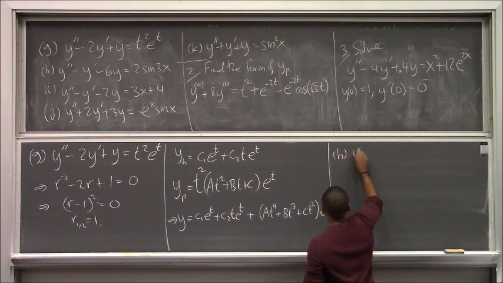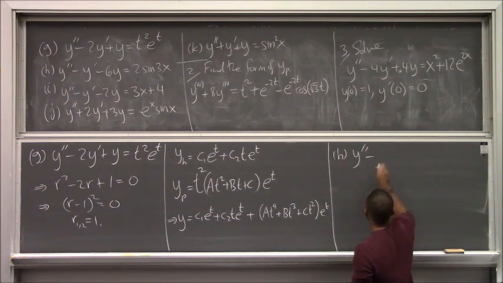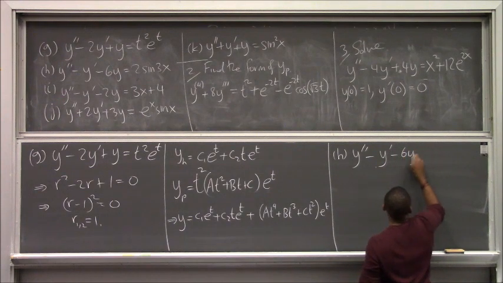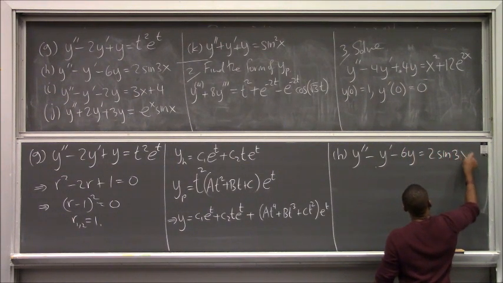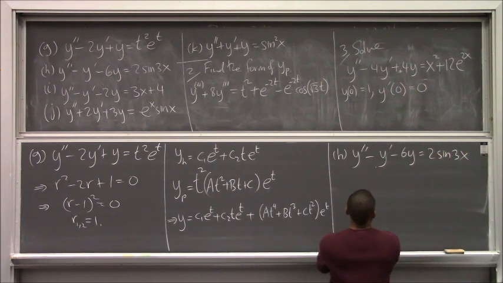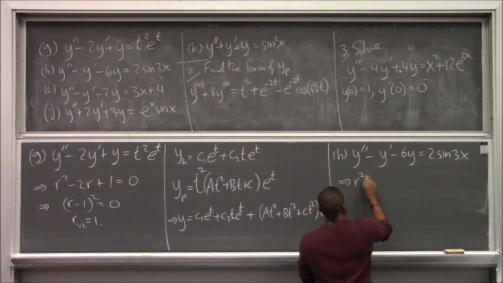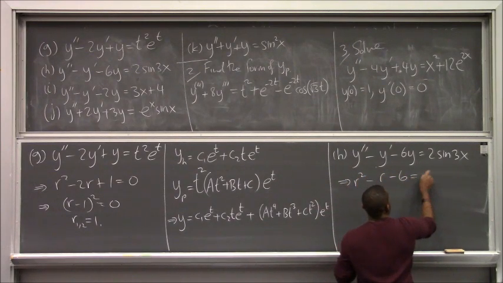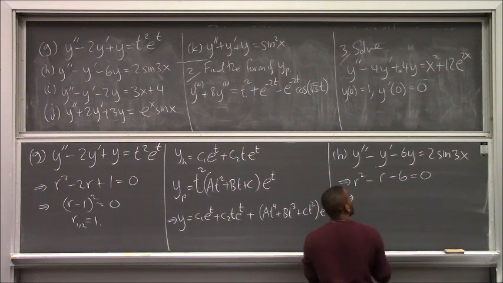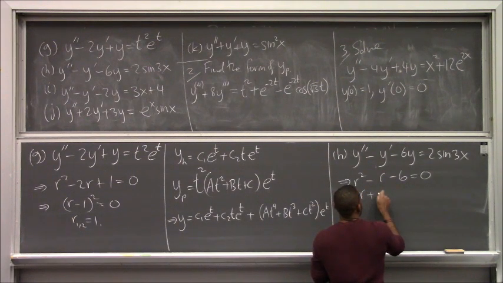H. Okay, first thing, we're going to find a homogeneous solution. What is that? R plus 2, R minus 3.